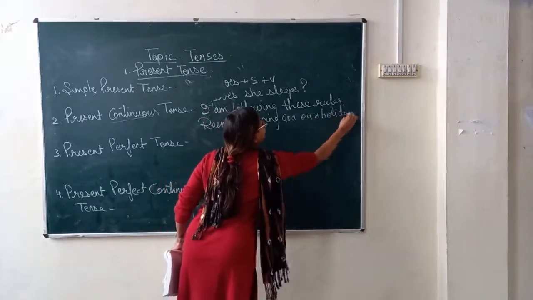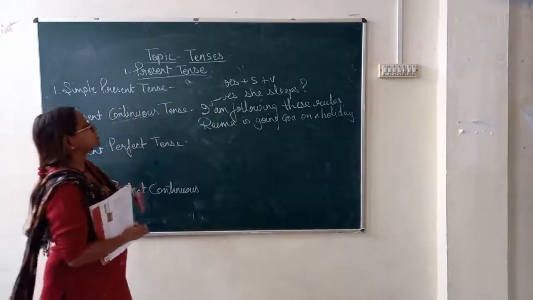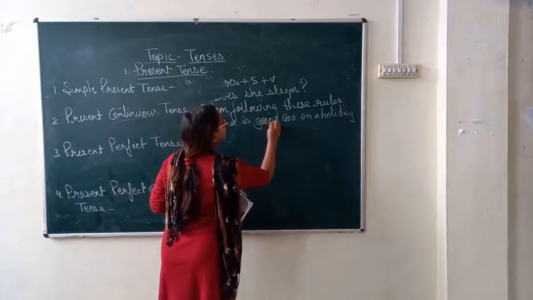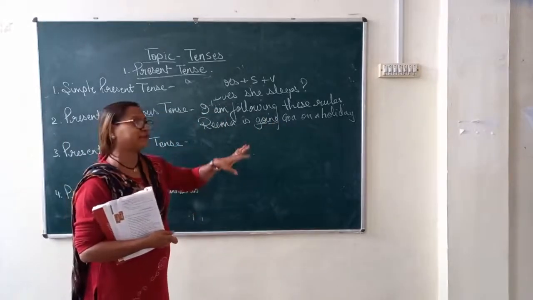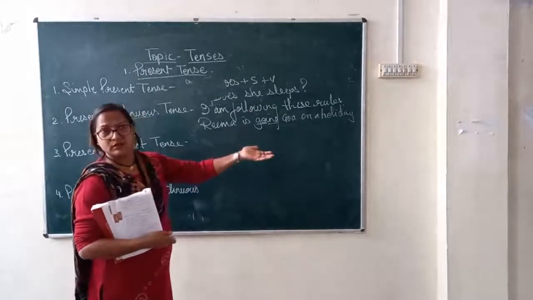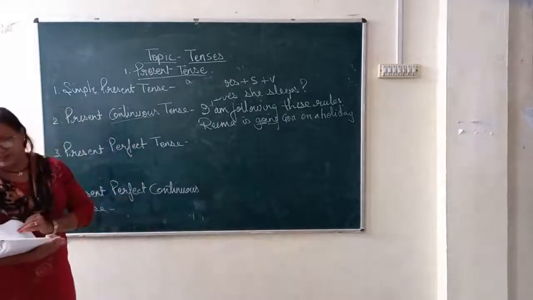That means a future plan is there. But this is considered present continuous tense because with the verb plus ing, called continuous tense, the planning has taken place and the action will take place a bit later.